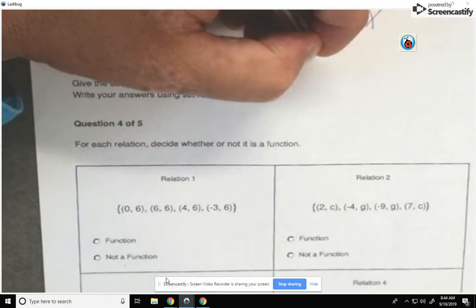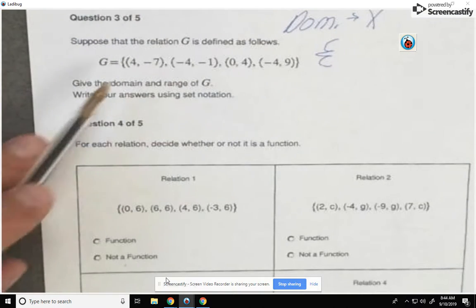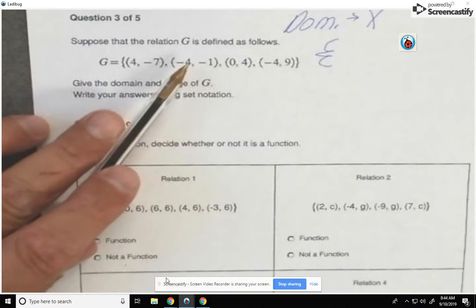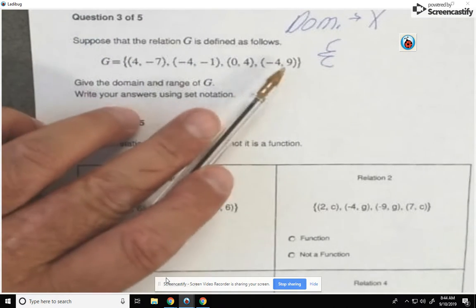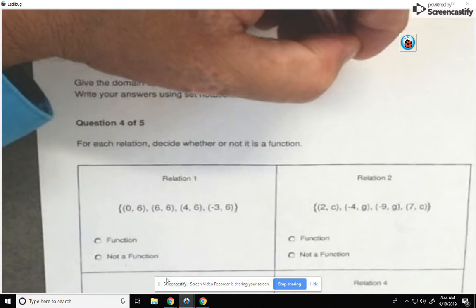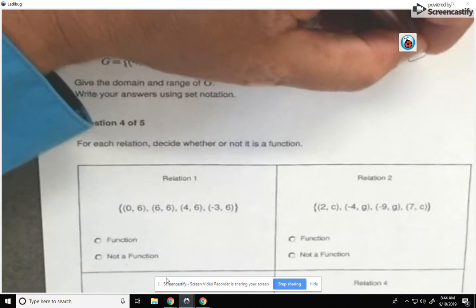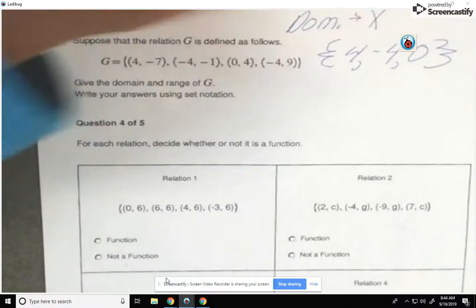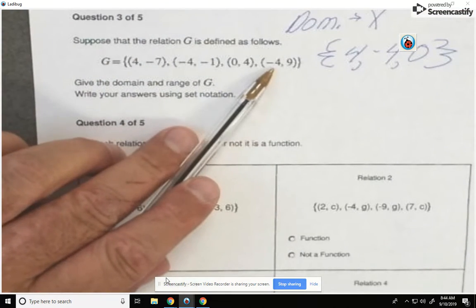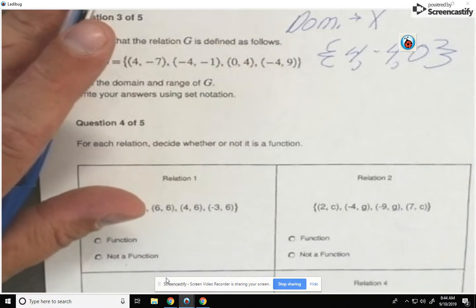So in this case, all we do is we list our x values. And so we have 4, negative 4, 0, and negative 4 again. So 4, negative 4, and 0. Okay, even though negative 4 is here 2 times, we only list it once.